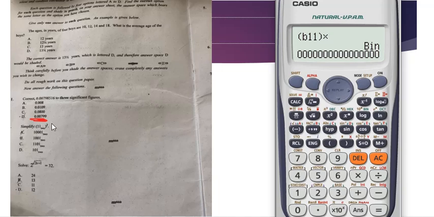You open your bracket again, just like we did over here. You click on shift, click on 3, click down, and choose b. That's 3. Then you click on 1 again and close your brackets.